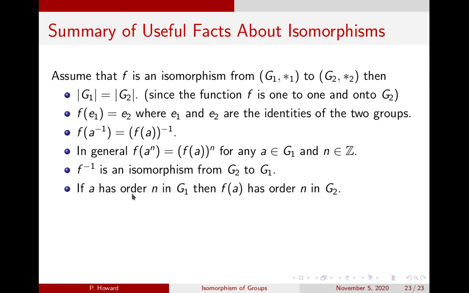If a has order n in G1, then f of a has order n in G2. So you remember that the order of an element a is the smallest positive integer n for which a to the n is the identity. G1 is commutative if and only if G2 is commutative.